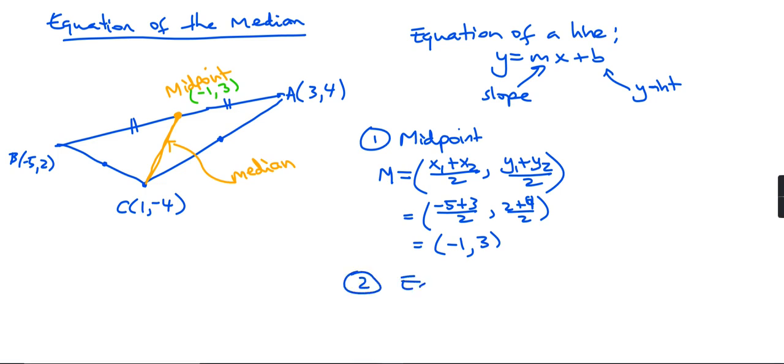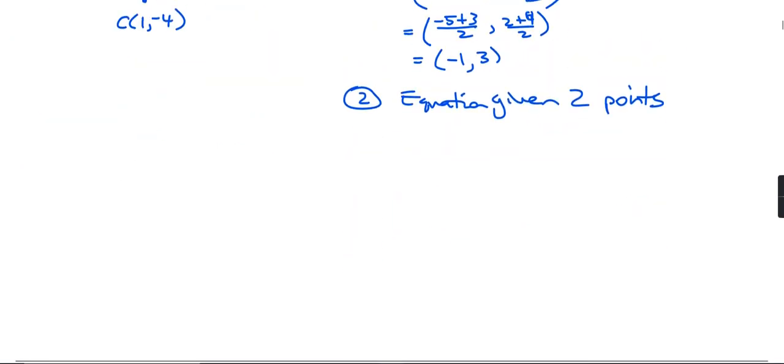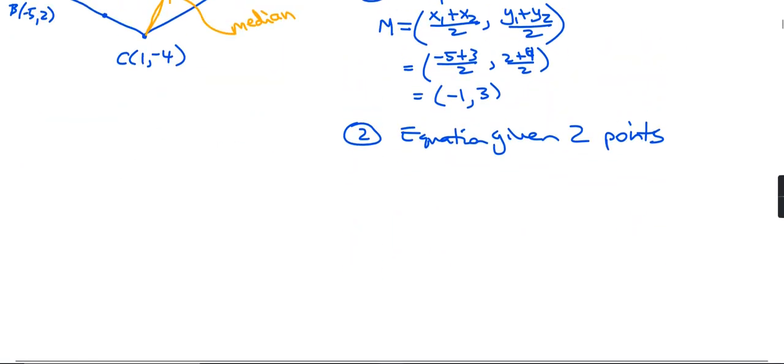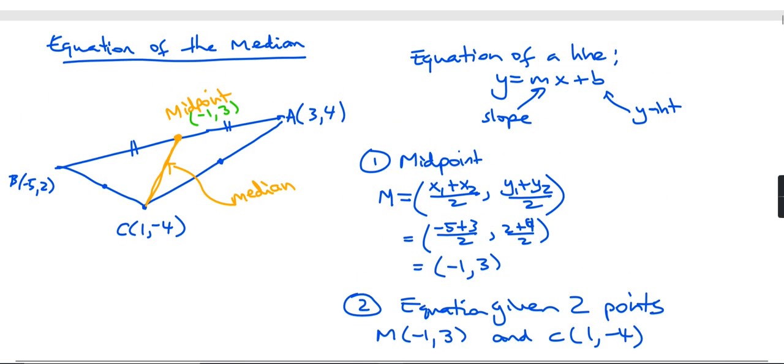Now, a review of how to write the equation of a line given two points. The first thing we have to do is find the slope. I'm going to scroll up over here. I've got two points: the midpoint M (-1, 3), and C (1, -4). Those two points sit on my median.